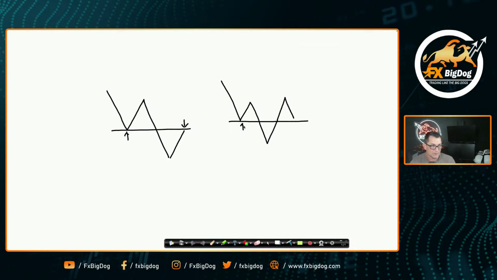Then this was resistance and now it's becoming support again. Think about that as an order block. If there's an order block sitting over here and price goes through that order block, then where it was resistance, it's now becoming support. So when the market comes back here, it's now in a support area.